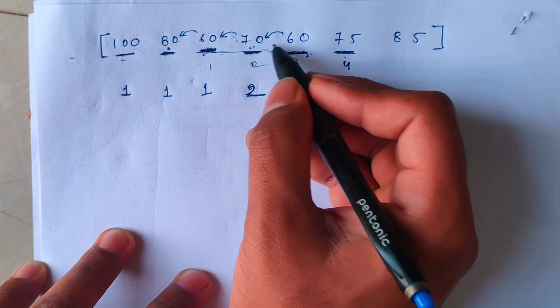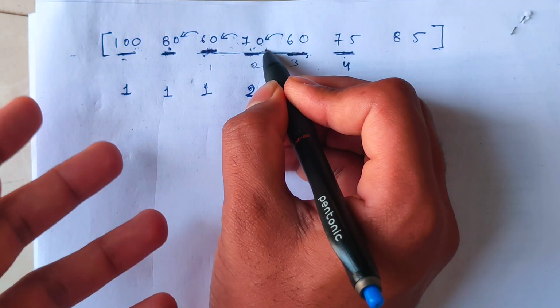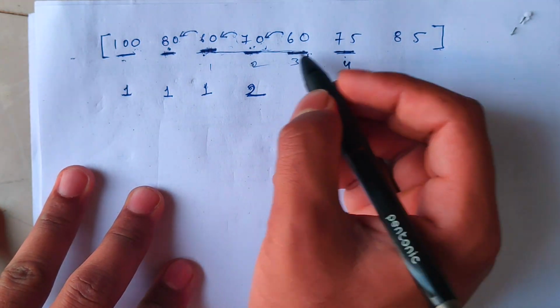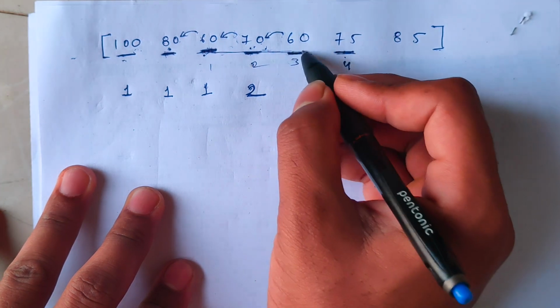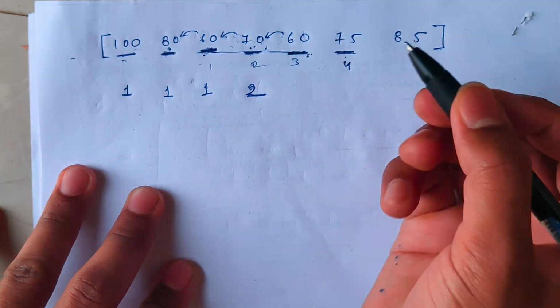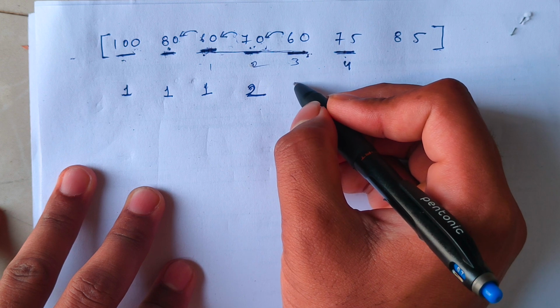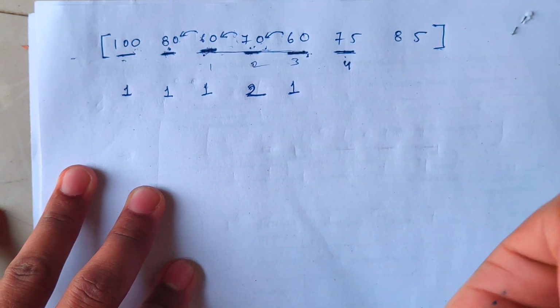Just before 60 there is a bigger element, so we do not find any element which is less than or equal to 60, so itself would be the only one, so here only 1.